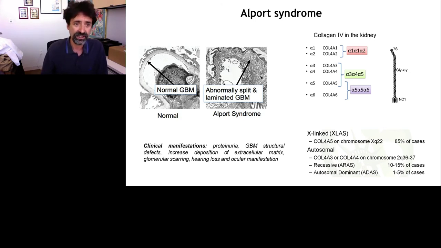And here are the genetic abnormalities that drive this collagen disease, and can be, in most of the cases, X-linked, so associated with sex, especially in the male sex. But there are also forms that are autosomal and could be recessive or autosomal dominant.